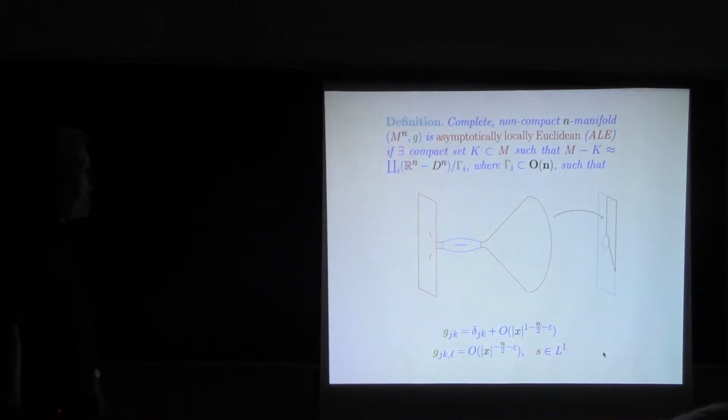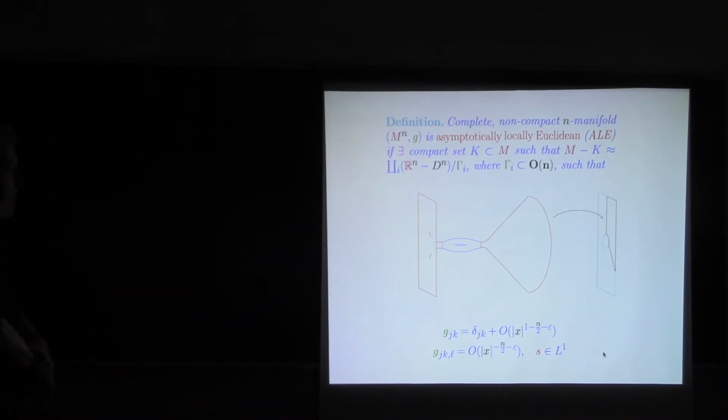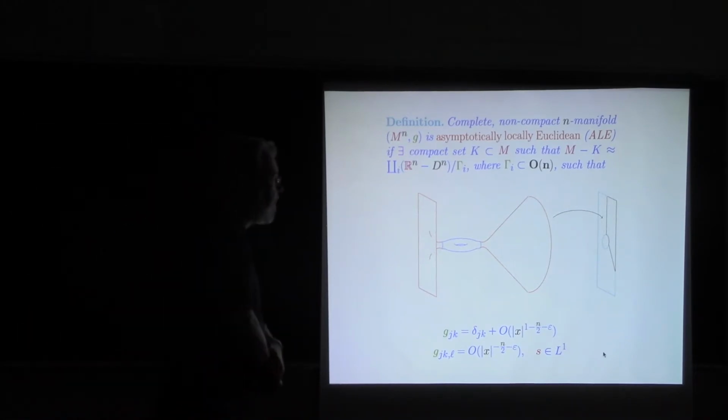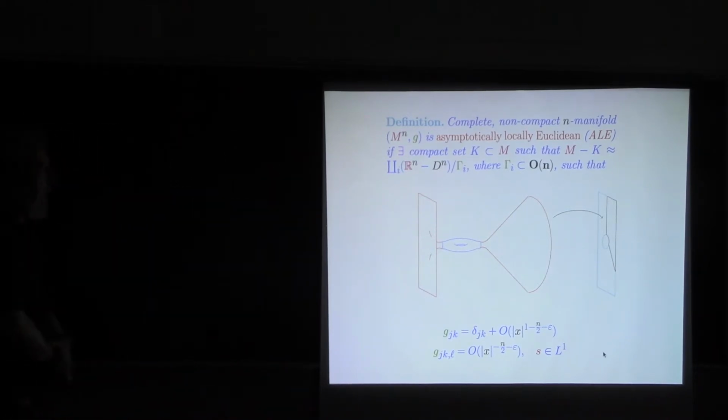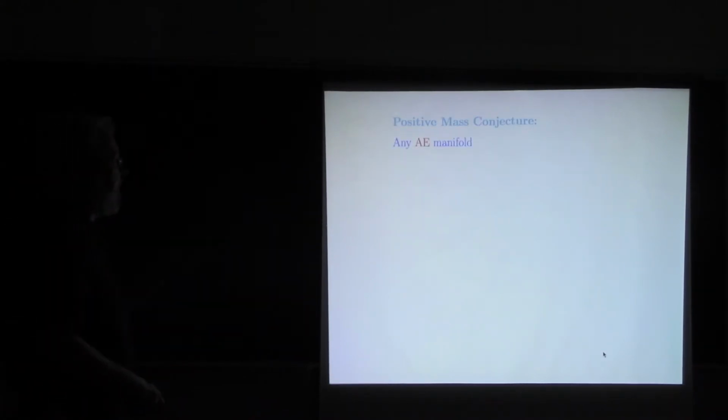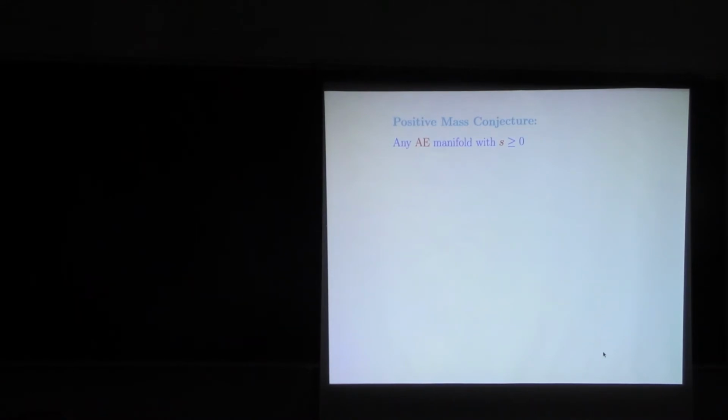All right, so we've said that you can talk about the mass of an asymptotically locally Euclidean manifold at a given end. In particular, you can talk about mass in the asymptotically Euclidean setting. So the positive mass conjecture is that an asymptotically Euclidean manifold with scalar curvature greater than or equal to 0 has mass greater than or equal to 0.